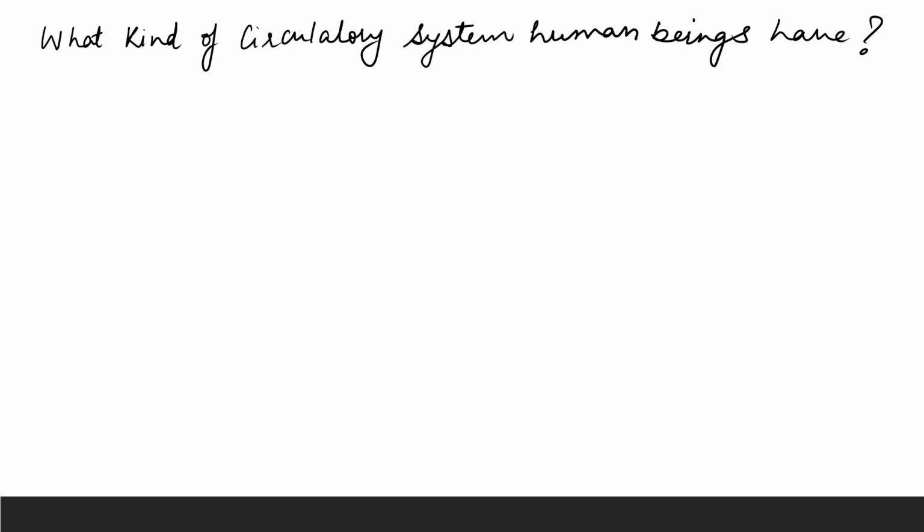All right. Now, on this slide, there is one question. What kind of circulatory system do human beings have? This is the new topic we need to talk about. We humans have a closed circulatory system, right? So let me write it also.